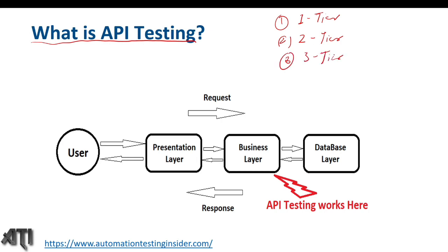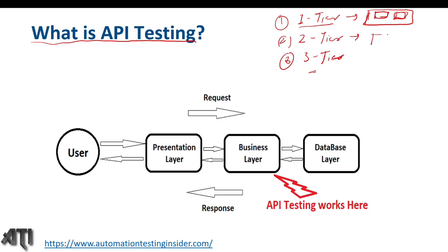Generally nowadays all the applications are three tier applications. In a one tier or single tier application, we have the client and the database stored at the same place. The client is where the user tries to access something or wants some information, and the database is where we store the data.